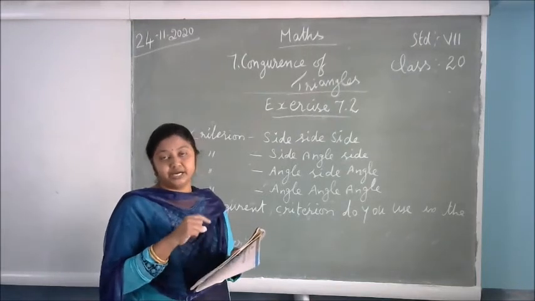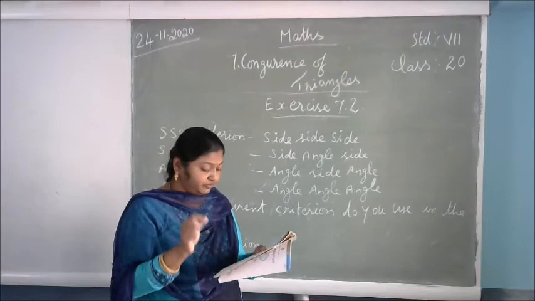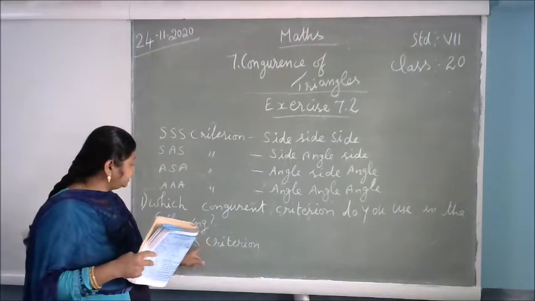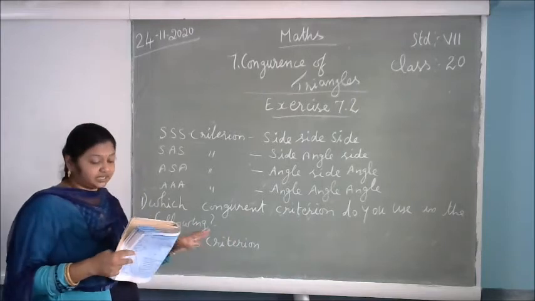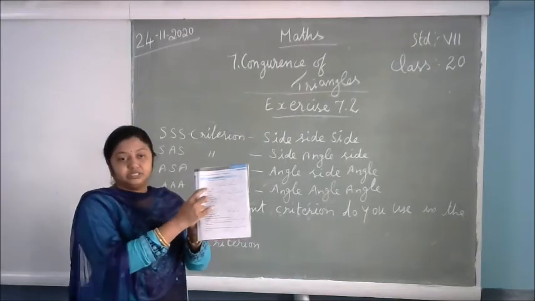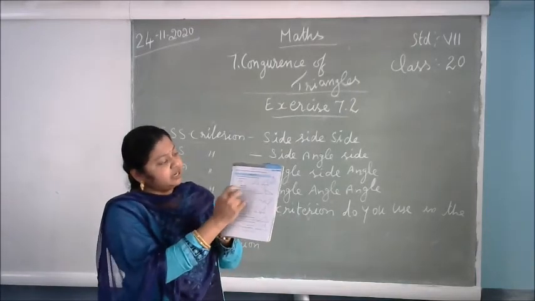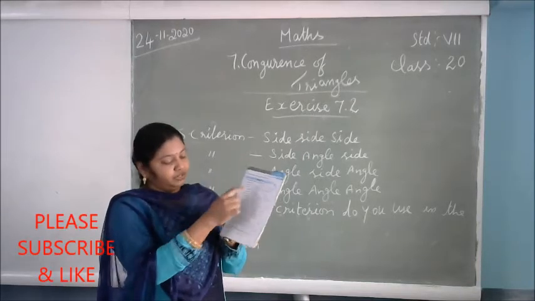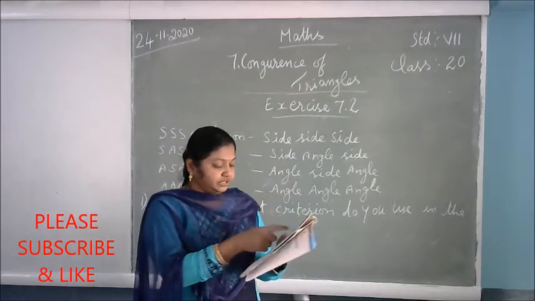Like that you have to identify and write. The first sum, answer is SSS criterion. You should write this question and this figure, and put the answer SSS criterion. Like that you finish the first sum.